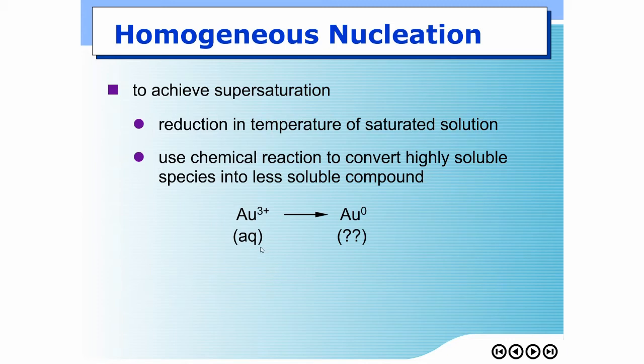If I have 1 mole of Au3+ converted into Au0, solid gold particles, the state here is supposed to be solid. 1 mole of solid, right? But if I have 1 atom of gold 3+ in water, it should be indicated by the aq notation here.